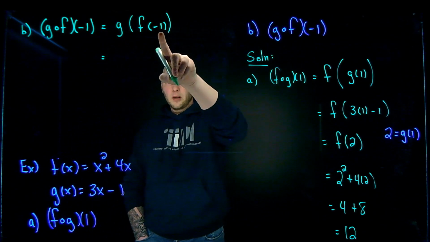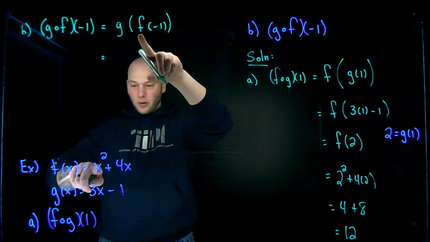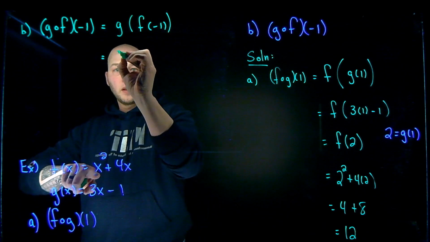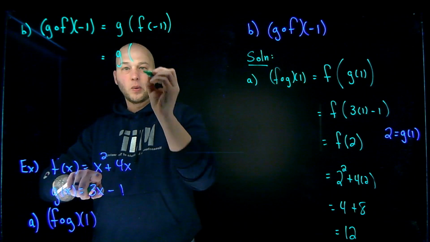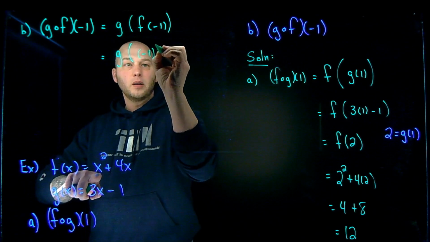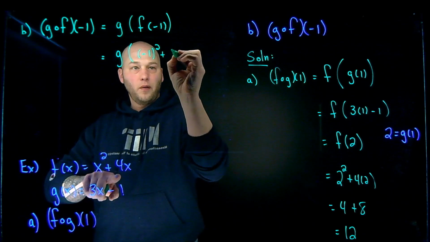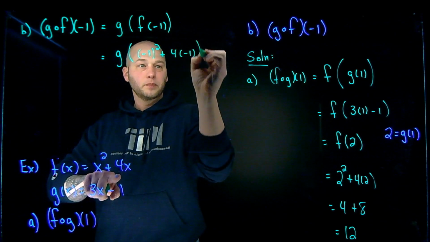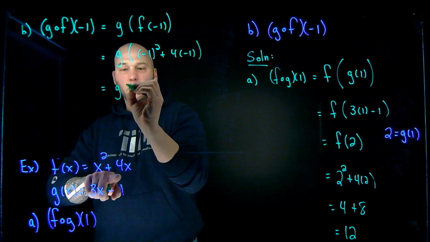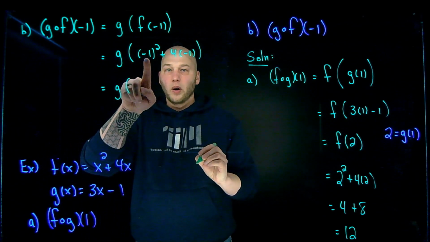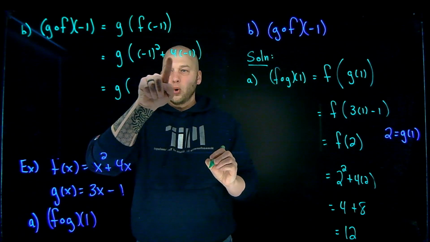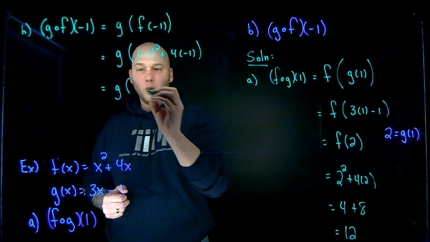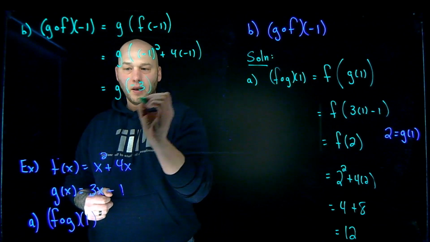Okay, so g evaluated at f of -1. -1 gets plugged into the function f first, so I'm going to use this expression. That means my input for g after I simplify is going to be (-1) squared plus 4 times -1. Okay, so let's compute that first. (-1) squared is 1. 4 times -1 is -4, so 1 minus 4 would be -3.